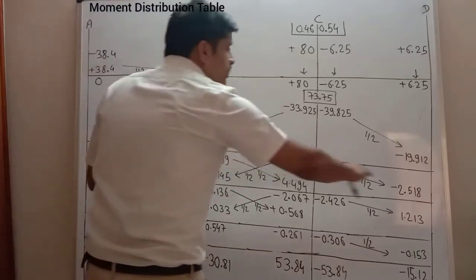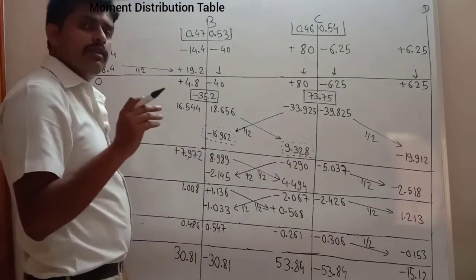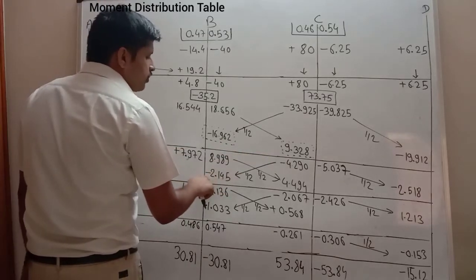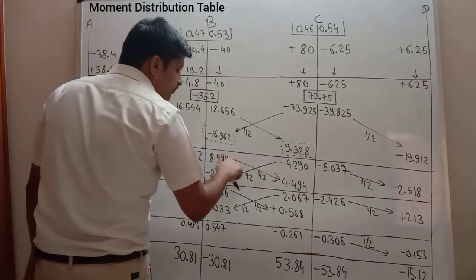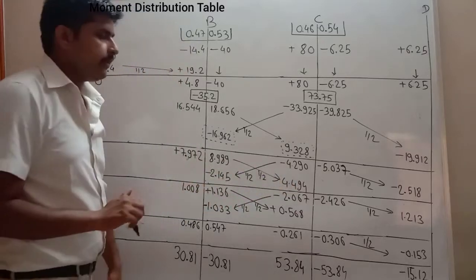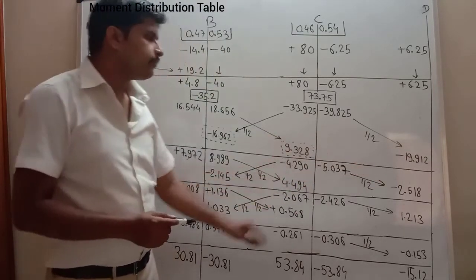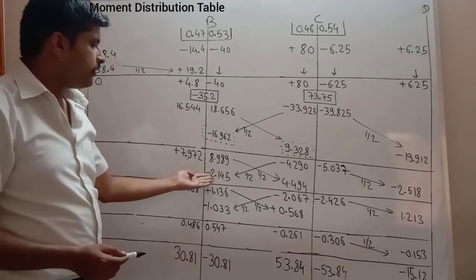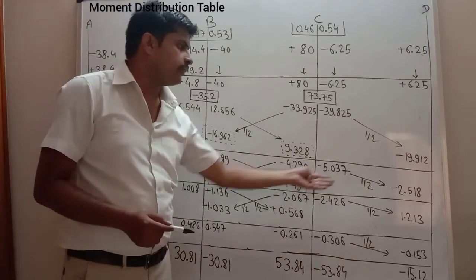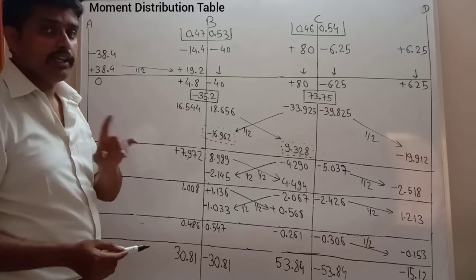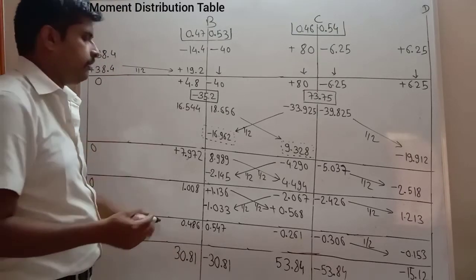Now transfer again half of the moments. We will transfer half of this value to this joint, and again half of this value to joint D. So we will get minus 2.145, plus 4.494, minus 2.518. Only half, there is no need to change the sign.